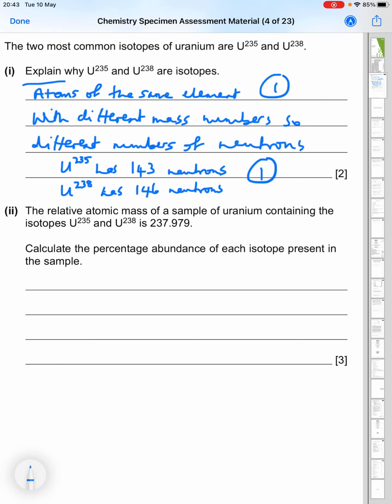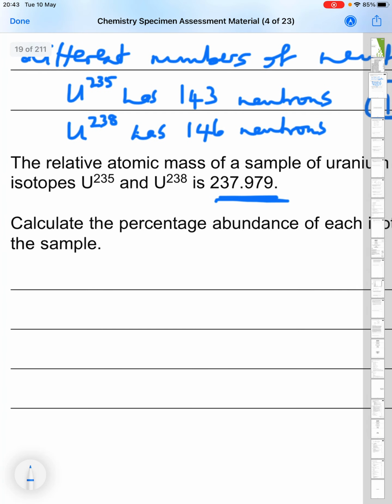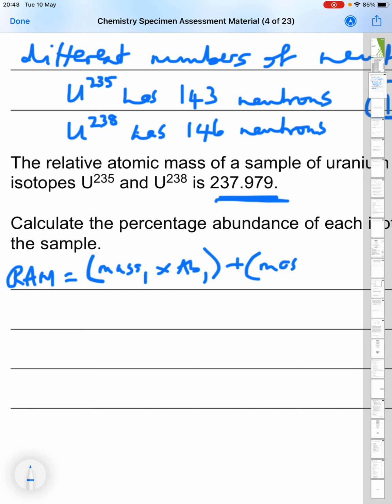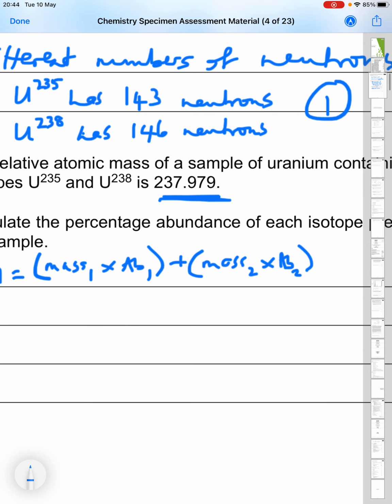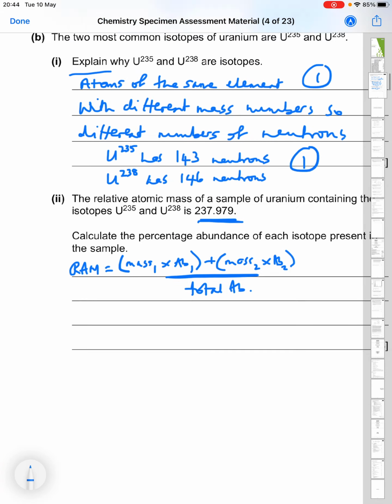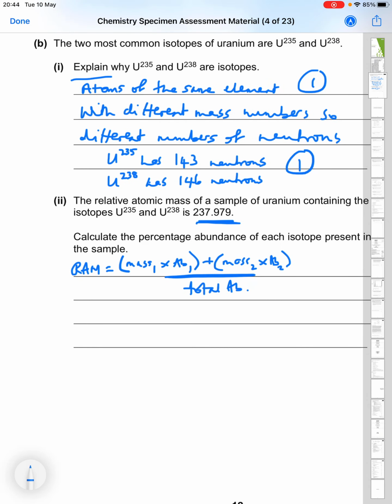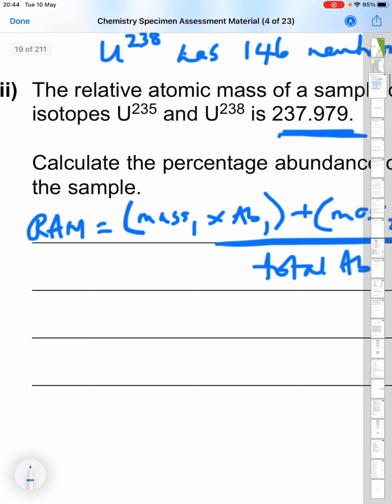Okay, so then we're told that the relative atomic mass is this. Calculate the percentage abundance of each isotope present in the sample. So you know that relative atomic mass is mass 1 times the abundance of the first isotope plus the mass of the second one times the abundance of the second one, and then divided by the total abundance. So in this case, we can substitute in the values.